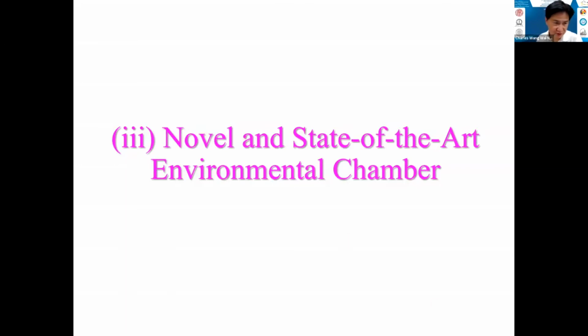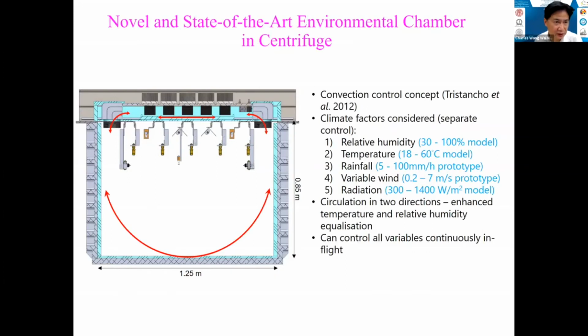That's why we developed an environmental chamber in the centrifuge. What does that mean? It means we can control the humidity in the chamber, and heating and cooling units control temperature, and rain nozzles control rainfall intensity and duration, and fans enable us to model wind.